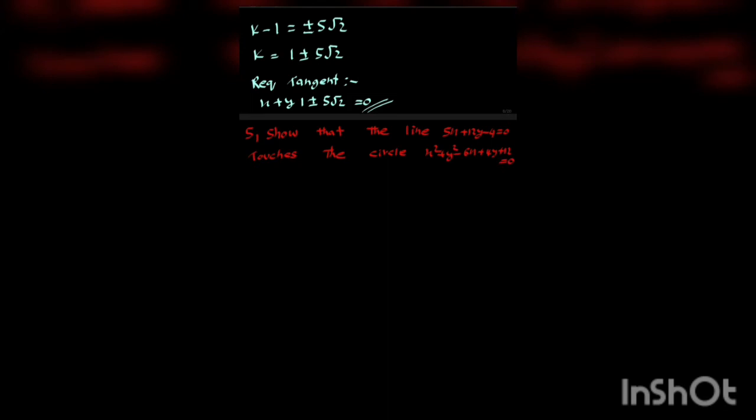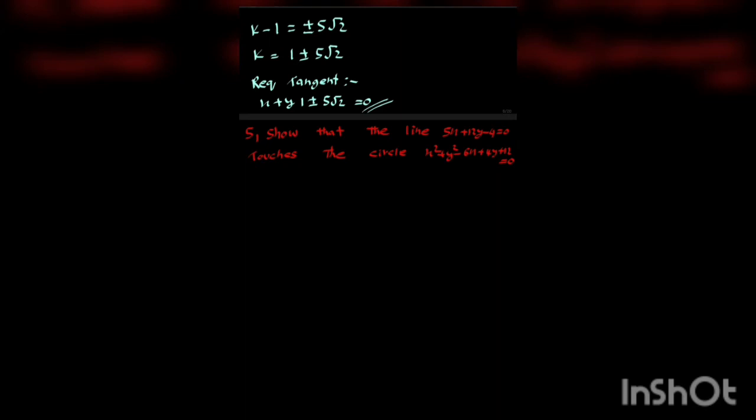So the given question is, show that the line 5x plus 12y minus 4 is equal to 0 touches the circle x square plus y square minus 6x plus 4y plus 12 equal to 0.